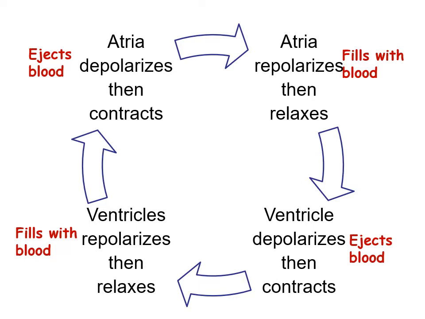Atria depolarizes, then contracts and ejects blood. Atria repolarizes and relaxes and fills with blood. Out of phase, the ventricle depolarizes and contracts, ejecting blood, then repolarizes and relaxes, filling with blood.